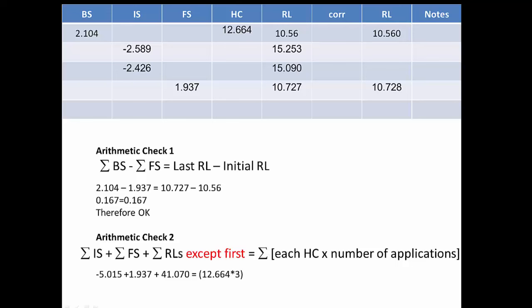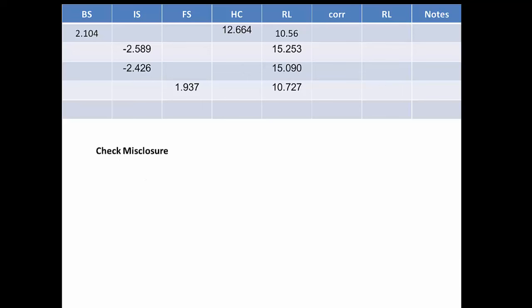It's multiplied by 3 because the height of collimation is used to work out this reduced level on the second line, this one and this one. This first reduced level was given already. This is a known value. Both those sides equal the same number. Again, the number doesn't matter. What matters is that both sides are the same. Therefore, both those arithmetic checks have checked out okay.